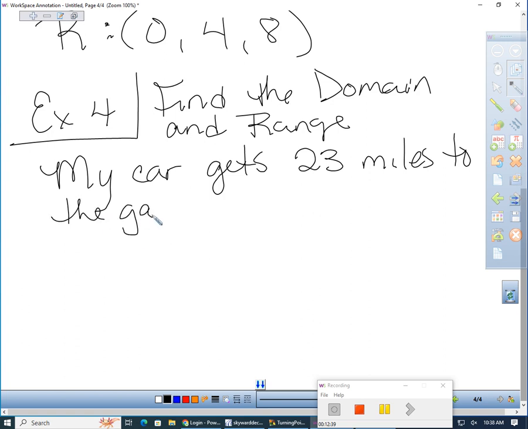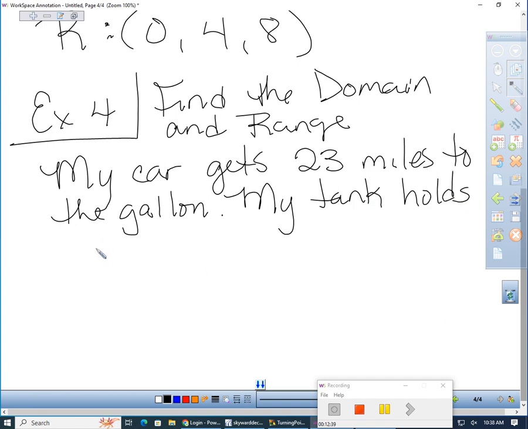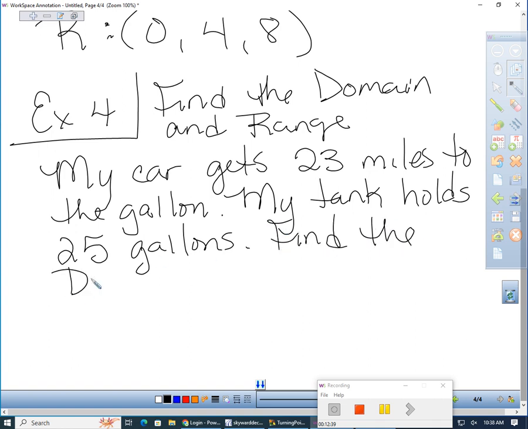Not when you drive 45 minutes every day one way. But anyway, 23 miles to the gallon. My tank holds 25 gallons. Okay. 25 gallons. Find the domain and range.